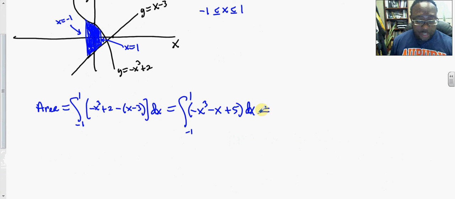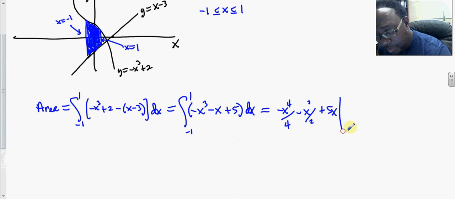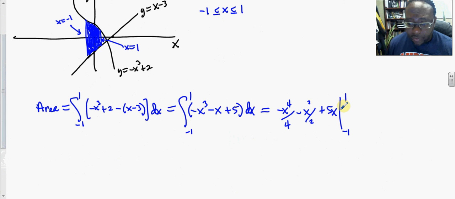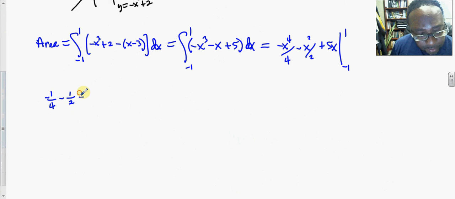dx. We integrate there, so we have negative x to the 4th over 4 minus x squared over 2 plus 5x. Evaluate that from negative 1 to 1. So we plug in x equal to 1, so we get negative 1/4 minus 1/2 plus 5. And then minus, evaluate these terms at x equal to negative 1.